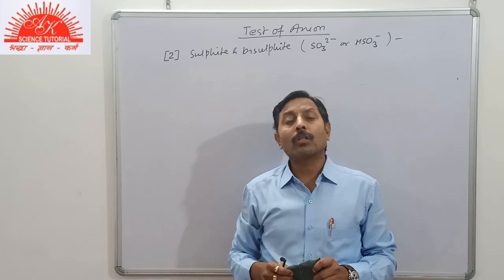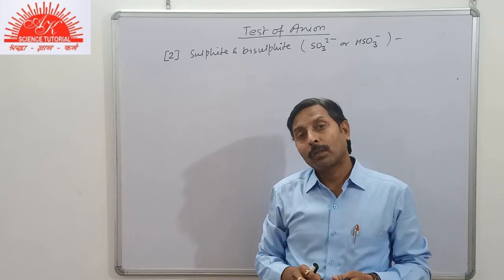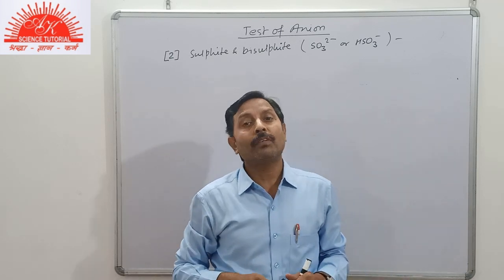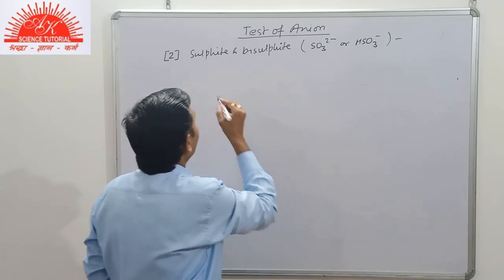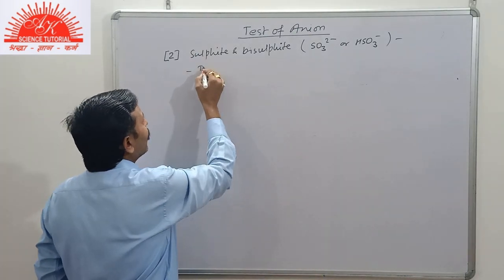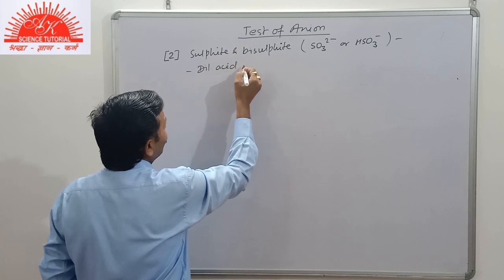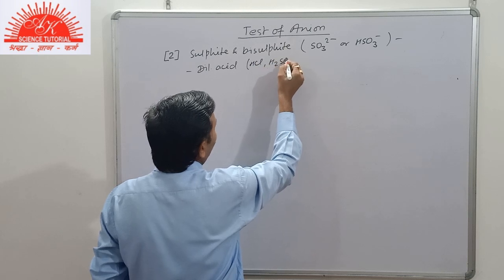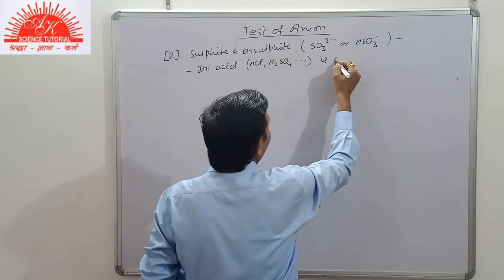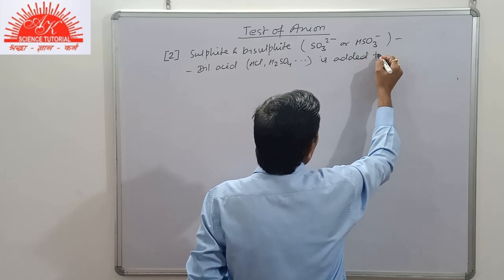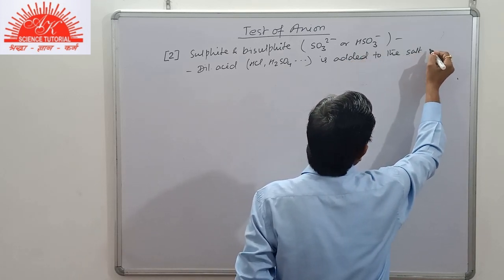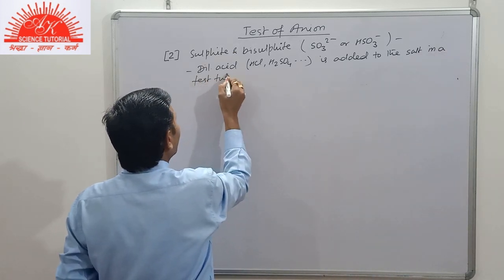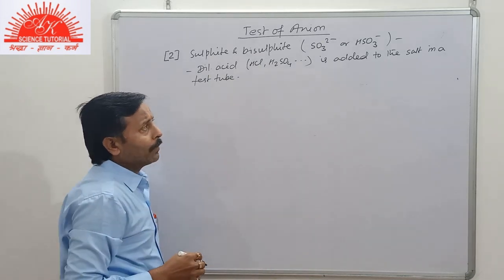Again, this is also similar to that of the carbonate ion. Just one basic difference of their characteristic test will be there. Like you see, again you will see here, that is dilute acid, similar to HCl, H2SO4, is added to the salt in a test tube. Now, this will be the procedure.